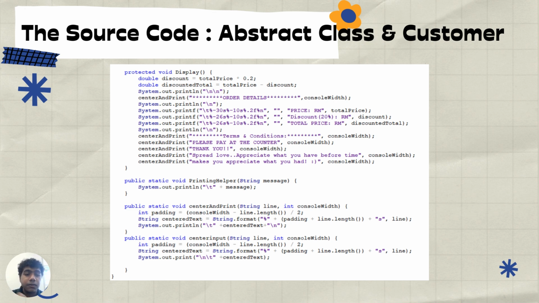This one only focuses on the system output and not the user input. On every system output, it will center the messages to the middle of the console. And the center input is when it centers all the user input to the center of the console. So that is all for our helping methods. Now onto the outputs.